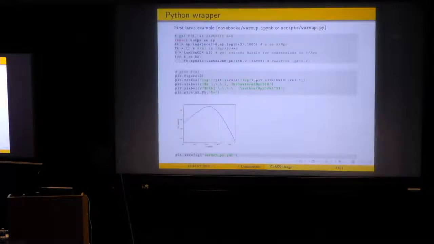But in order to do the normal kind of plot, we want this K to mean something in units of h per megaparsec, and we want this PK to contain the PK in megaparsec over h to the 3. And so we must do a work of conversion, because, as you will see when we look at the documentation of this function in a while, this function really wants a K in 1 over megaparsec, and it gives you a PK in megaparsec to the 3, which are, as we said, the default units inside class.